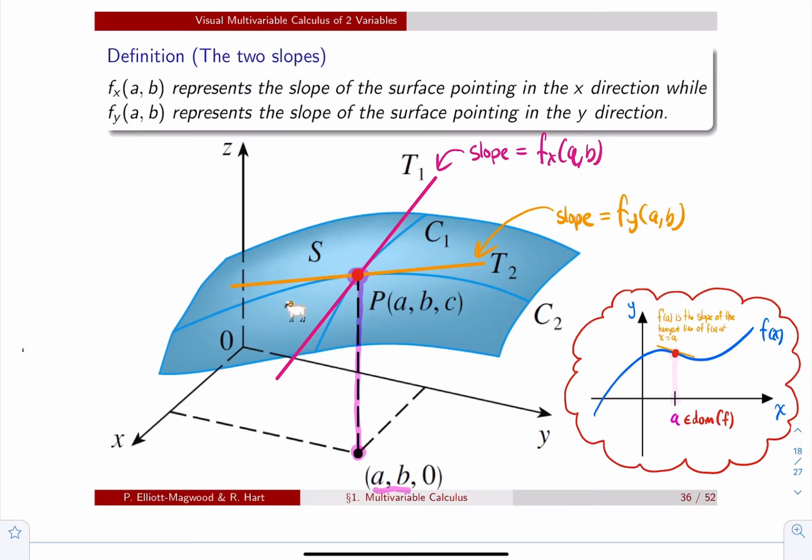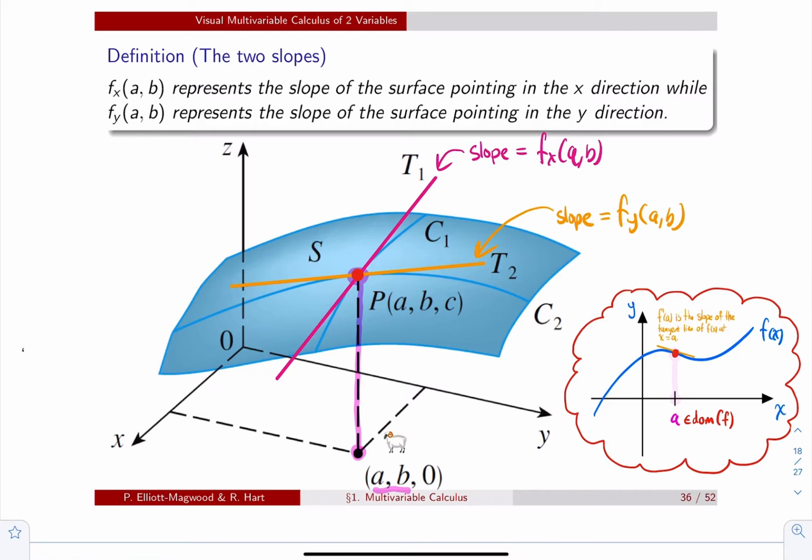And the answer is yes, actually. But to compute those, you would need what's called directional derivatives, which are just a linear combination of f sub x at (a, b) and f sub y at (a, b), but this is not going to be a topic of discussion for this class. So for us, two numbers, two slopes in the x direction and in the y direction.